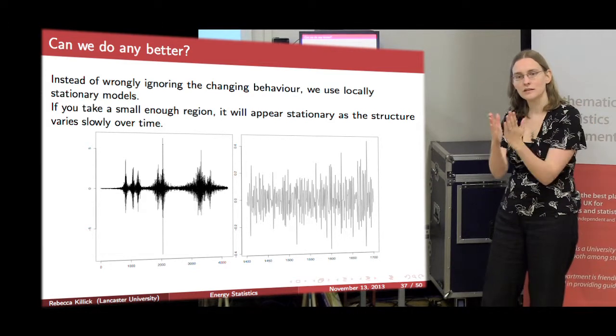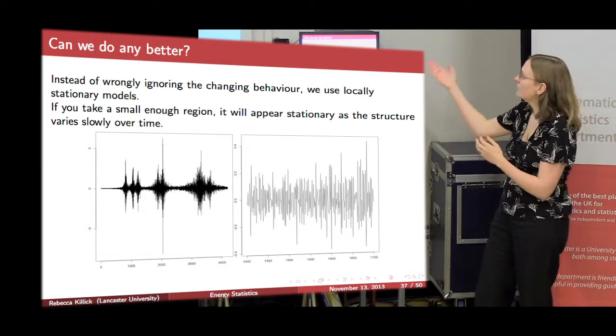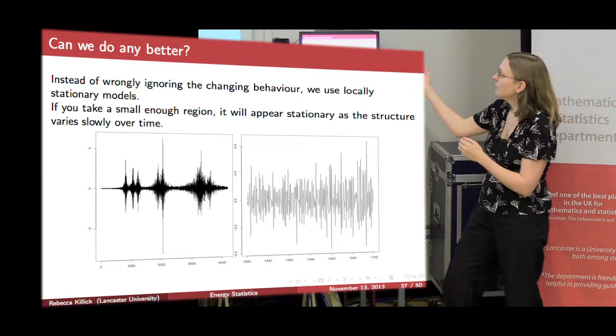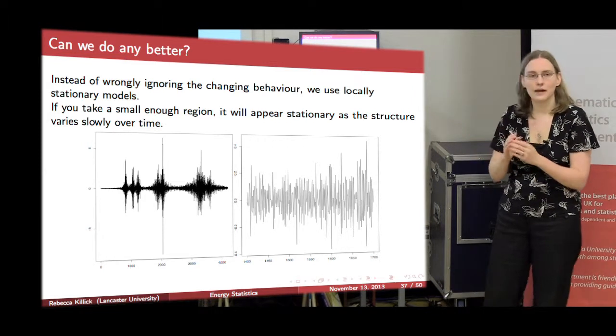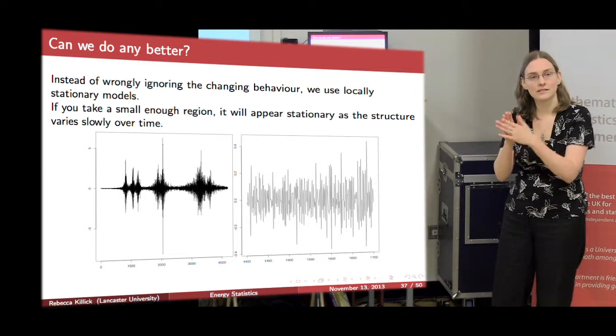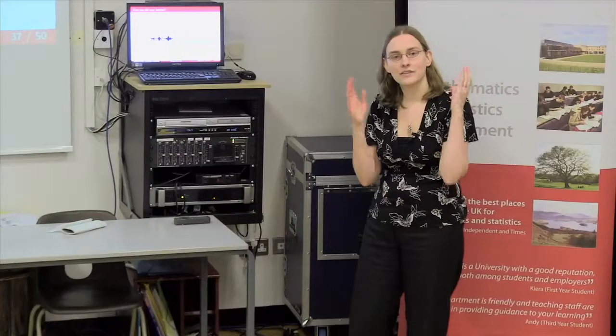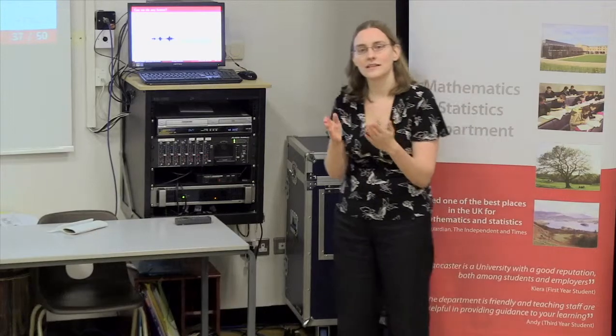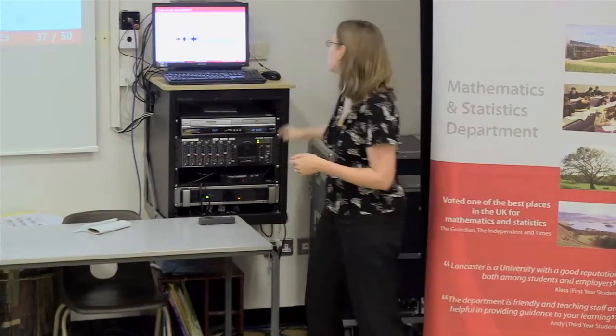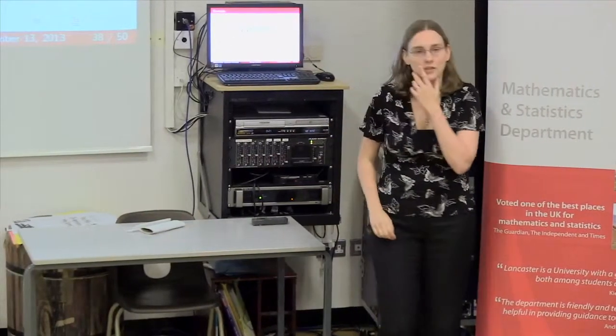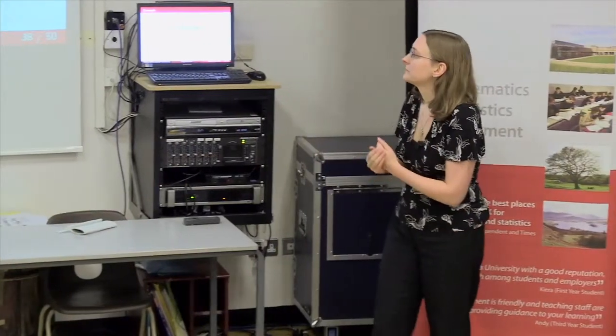But if you zoom in enough, and here I've got 600 observations, but I might need to zoom in a bit more on some series and a bit less on others, then you would say that things are constant over time. And so that's the school of thought that I come from.